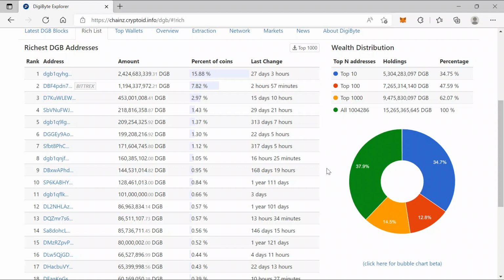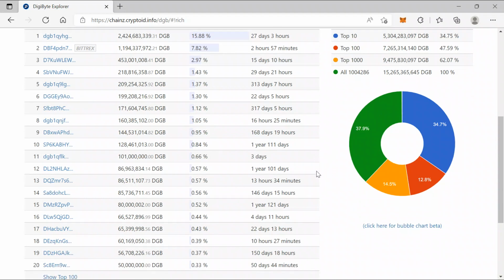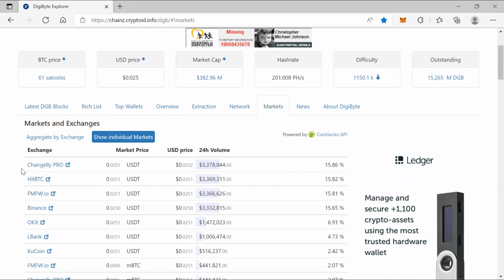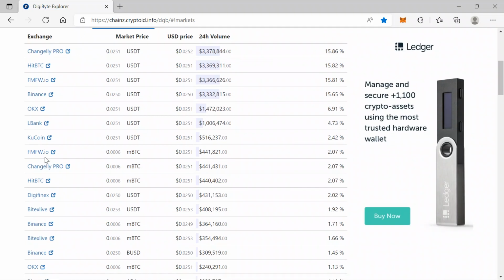The two biggest ones to know, with the most volume, are actually Binance and Bittrex. I mentioned over here on this market list Changelly Pro, HitBTC, and Free.to.Money, Free.to.World, which is Bitcoin.com. I've never found their wallets, even though they consistently are in the top 4 for volume. I can find Binance's wallet pretty easily, and I'll show you that one.